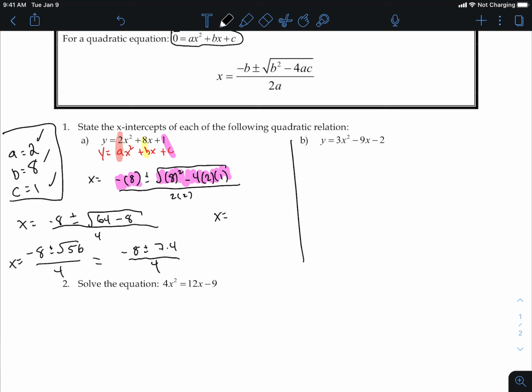X equals negative 8 plus 7.4 divided by 4, and x is equal to negative 8 minus 7.4 divided by 4. Who wants to give me 2 numbers? Somebody do the plus one first and tell me what the number is.